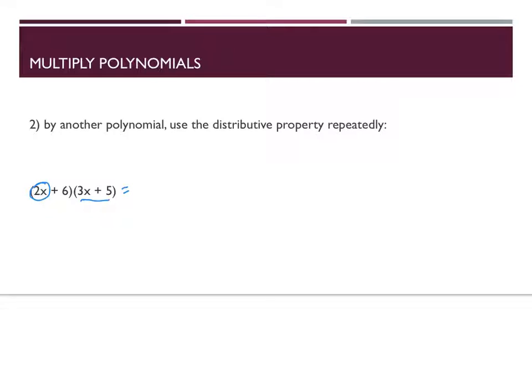Now to show you what that would look like, I'm going to take 2x times 3x plus 5 and I'm going to get that answer. But that's only half of what I wanted to multiply times the 3x plus 5. I also want to take positive 6 and multiply it by 3x plus 5. Both of those terms get multiplied by 3x plus 5 separately. I distribute here.